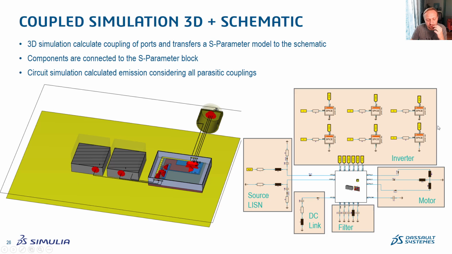And that's something which you don't have in the previous approach, because in the previous approach you have only one way. You extract values in the 3D model, you place them on a schematic, and you evaluate the schematic. While in the approach I'm showing here, using the full 3D simulations and the S parameters, you hand over the S parameters back to the circuit, which calculates basically the operating mode, and then the circuit can hand over the information from the operating mode back to the 3D model and allows us to visualize things. I will show you this in a few minutes.